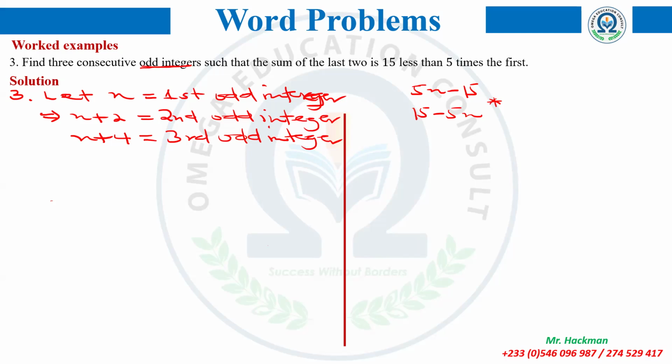My profs, I need you to talk now. Mr. Akman. Those of you who had the 5x minus 15, let me know why you think it's supposed to be 5x minus 15. And those who went for the second one will explain their answer.